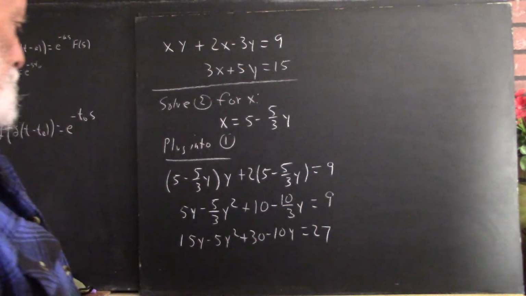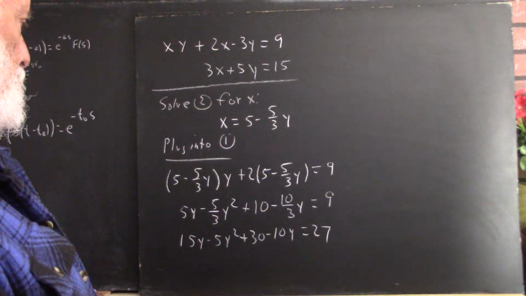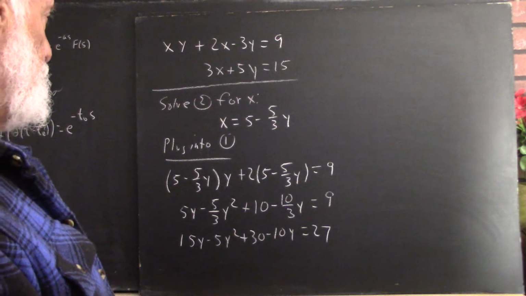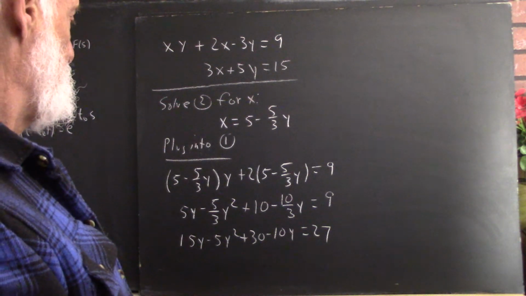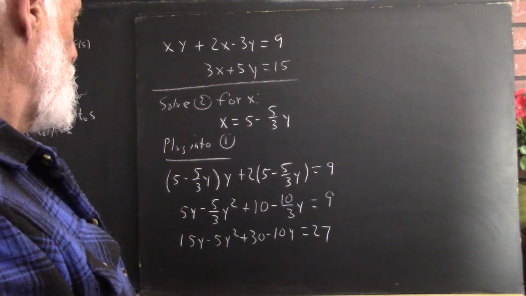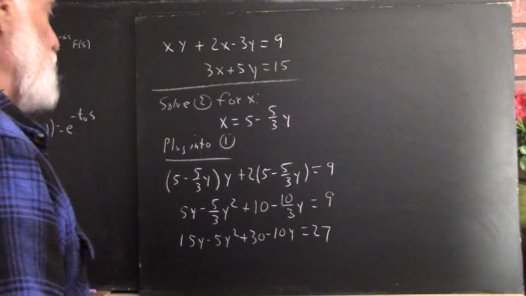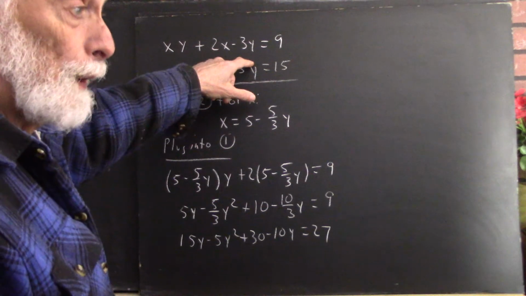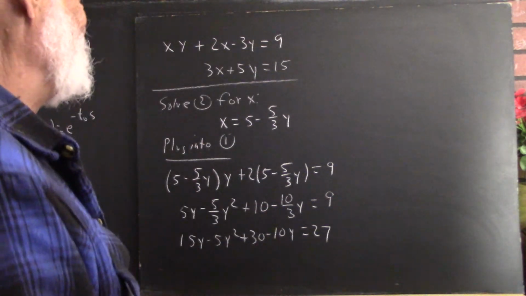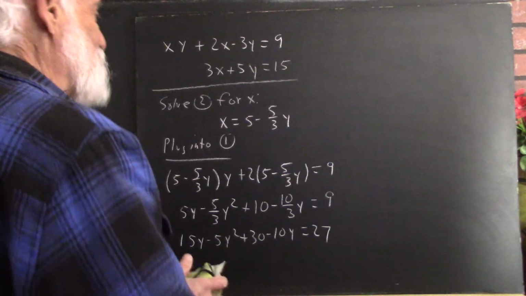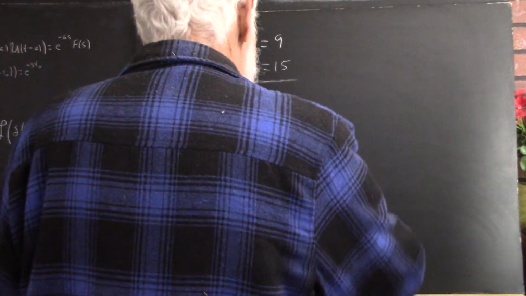The very first equation is xy plus 2x minus 3y, and we lost it while rewriting for different x. Yes, you're right. Okay, I left out the minus 3y. I got it now. Okay, I can put that in.